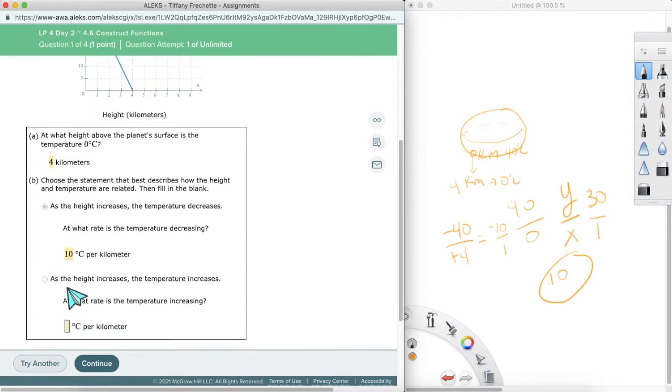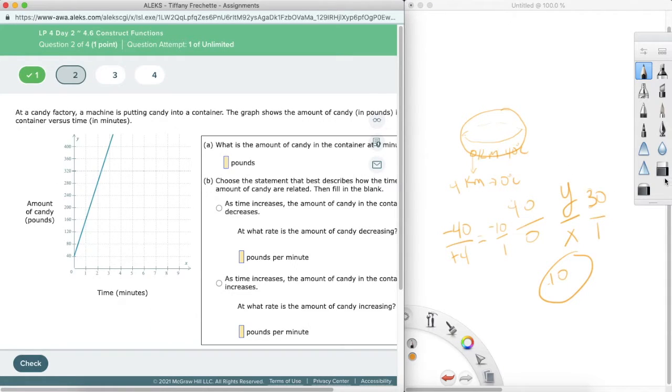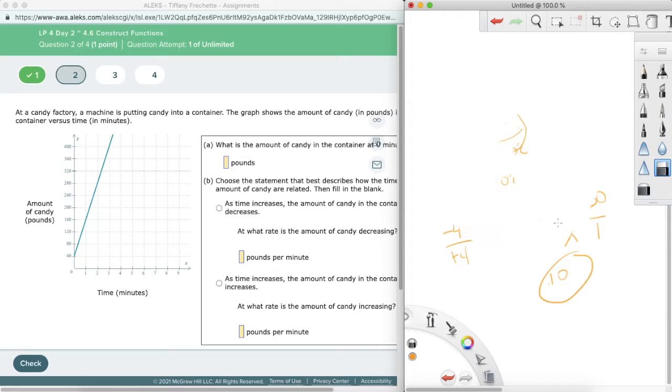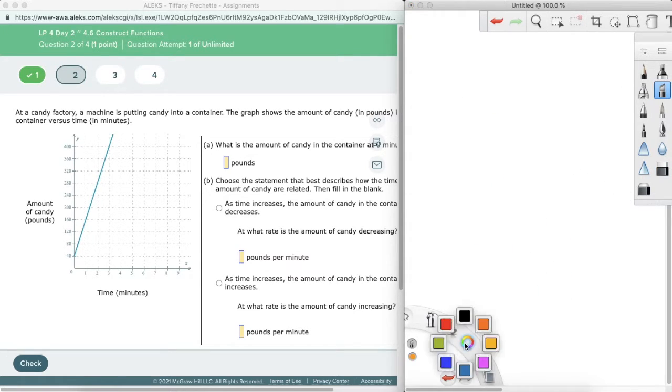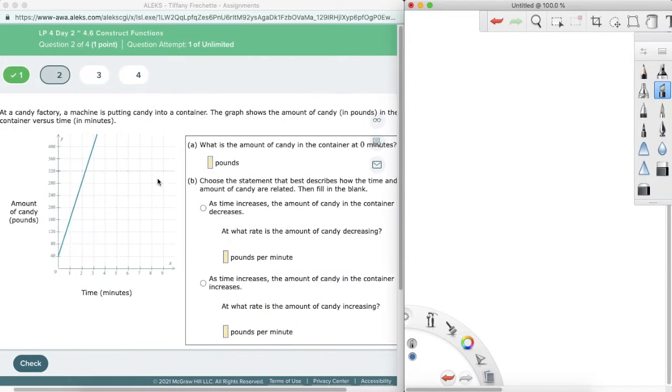All right, I think we have another one of these guys. Okay, and I'm going to change the color because that yellow is kind of a funky color. All right, at a candy factory, a machine is putting candy into a container. The graph shows the amount of candy in pounds in the container versus time.